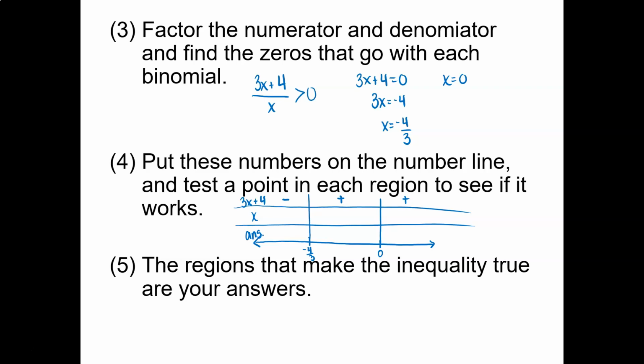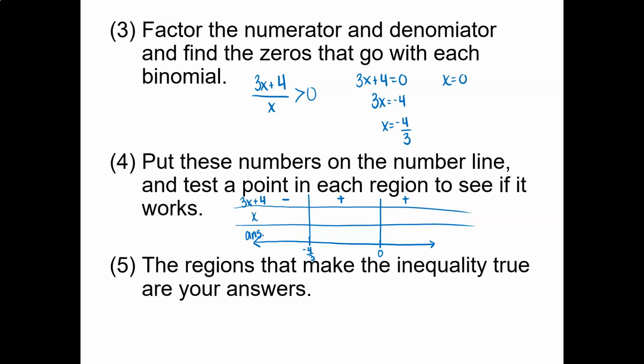And what you should see for this, Leah, like the way that I go through it a lot quicker than that each time, is notice 3x plus 4, the 0 that goes with that is negative 4 thirds. Negative 4 thirds is where we switched from negative to positive. So once I see the switch to positive, I'm just going to put positives for the rest of it there. So that'll help you do it a little faster sometimes.